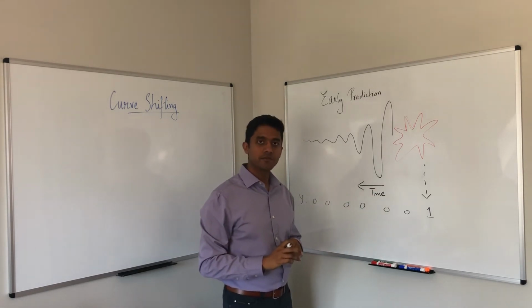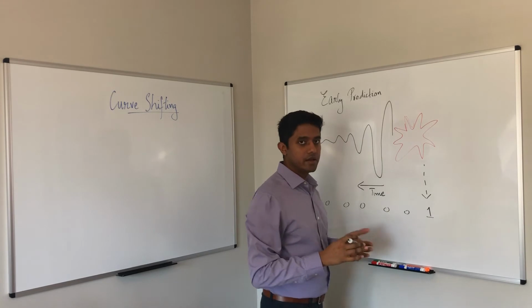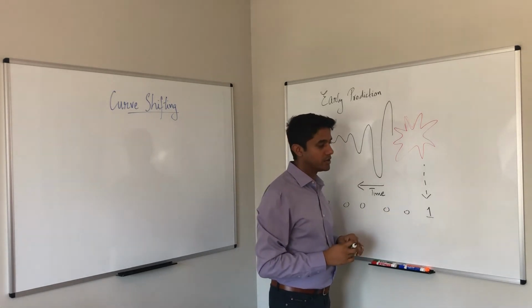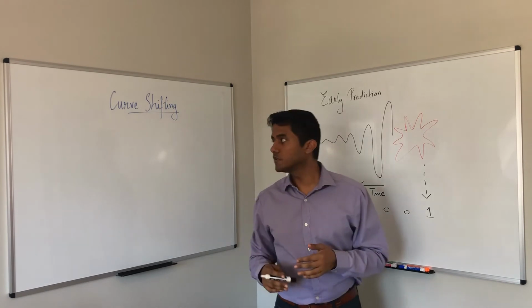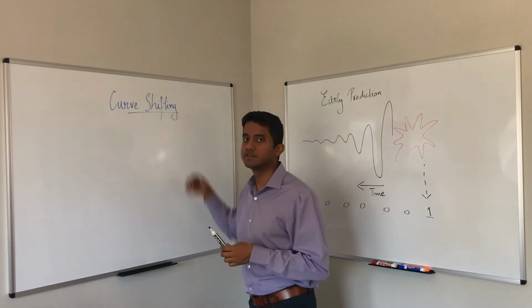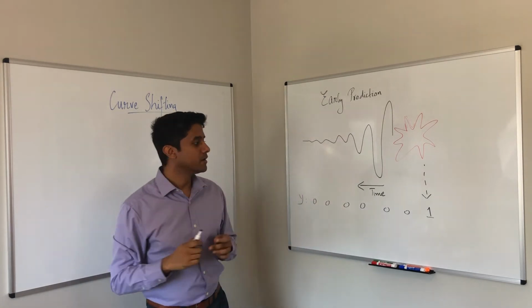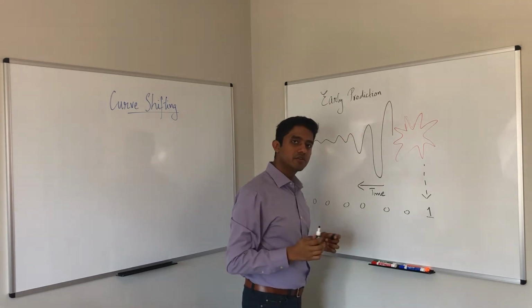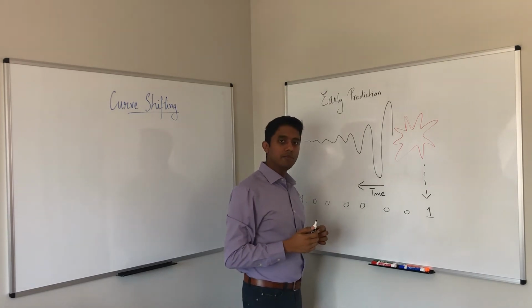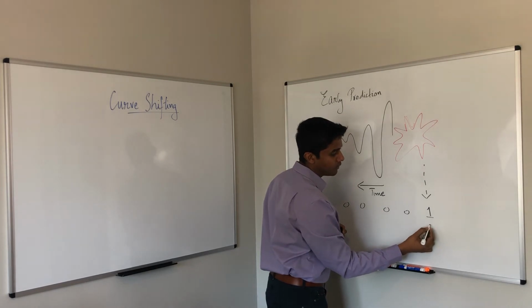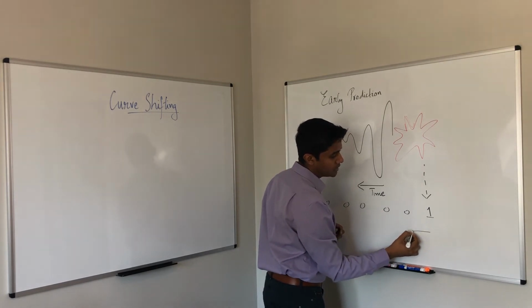There are different ways to build a model that can do such an early prediction of an event, but one of the simplest ways I find is what we call curve shifting. By curve shifting, there are different ways to interpret it. One way is, I will shift my curve, my y, from here to here.